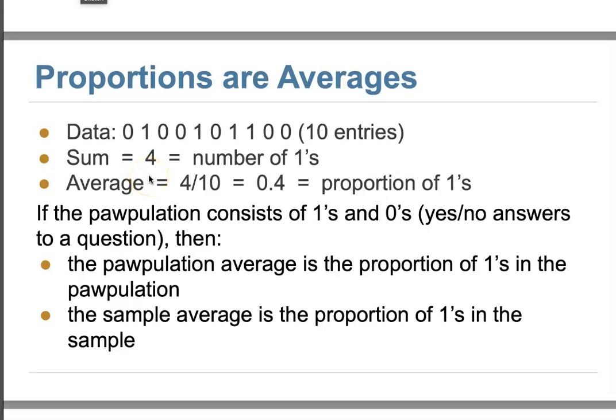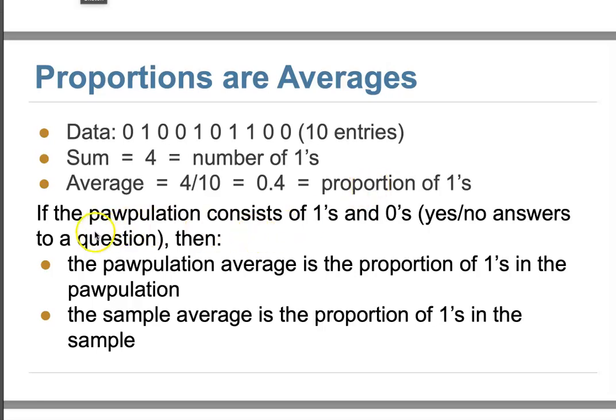So then the average is what? 4 divided by 10, since the sample size is 10. Then we get 0.4. Actually this 0.4 is also the proportion of ones, right?